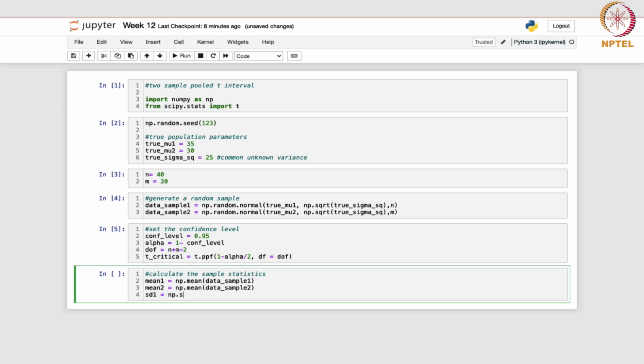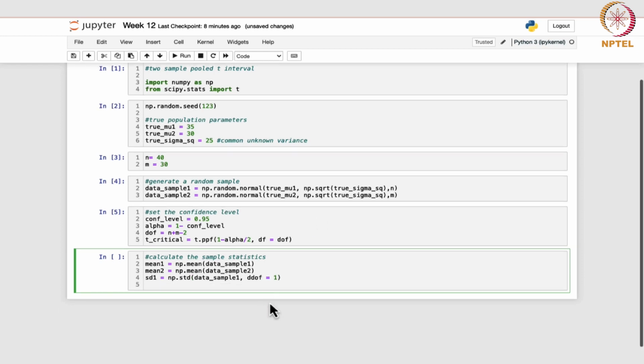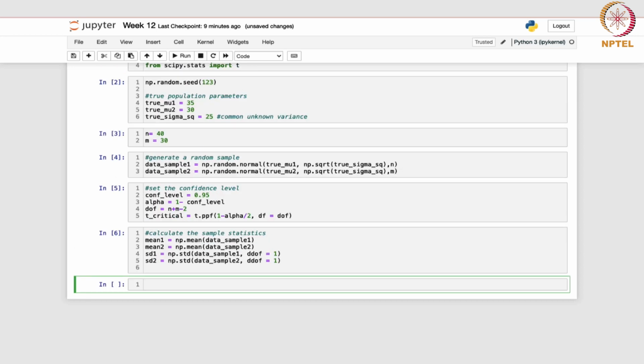For this again we will use numpy's std function. Here again we would write data_sample1, and we also specify that it is calculating the sample standard deviation and not the population one by specifying ddof as 1, and sd2 would be calculated the same way with data_sample2. Now you are ready to calculate your pooled standard error.